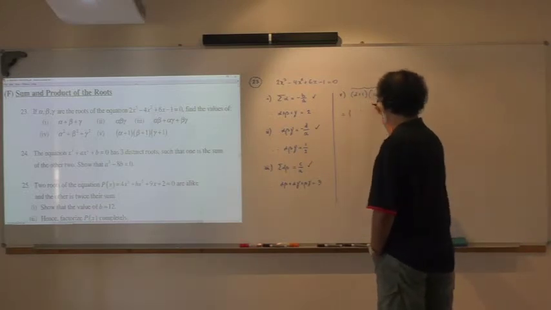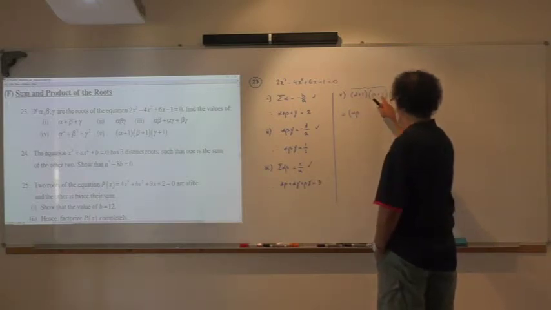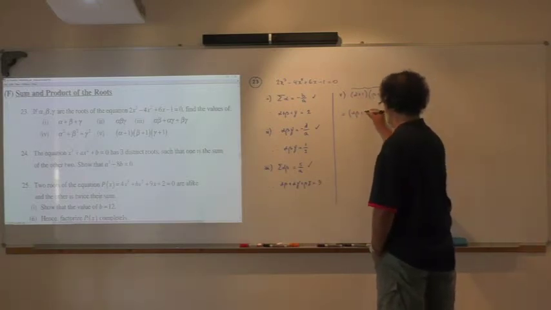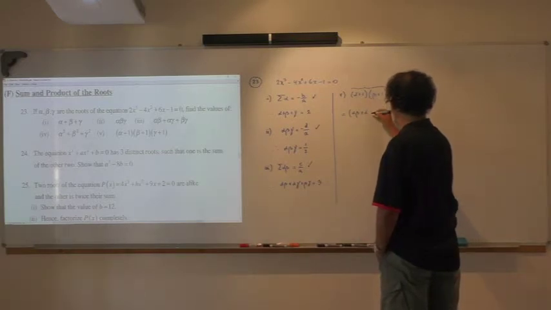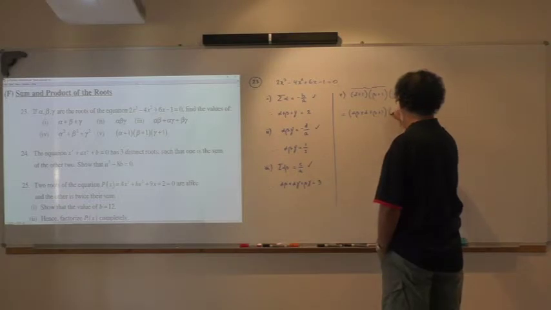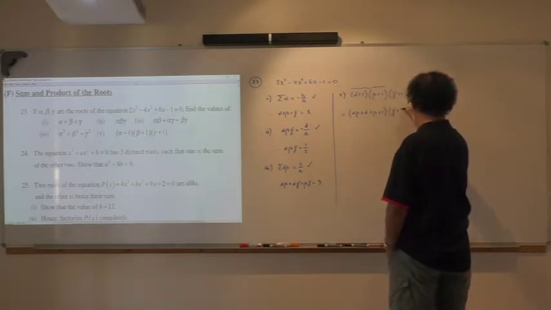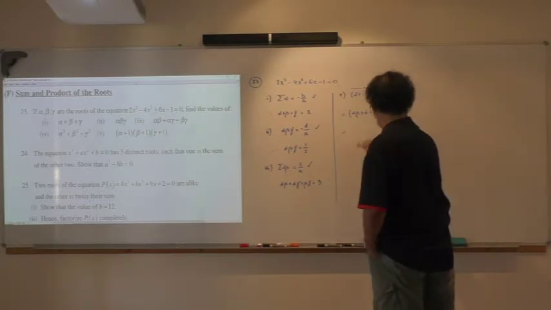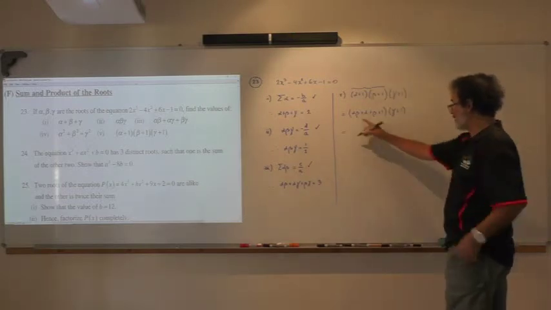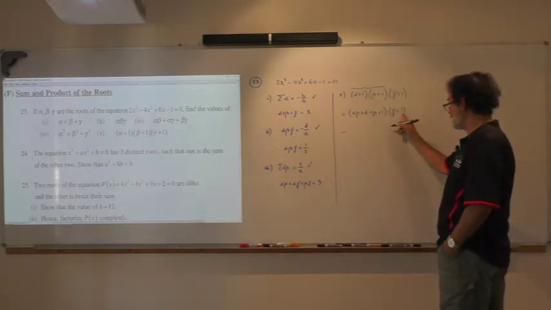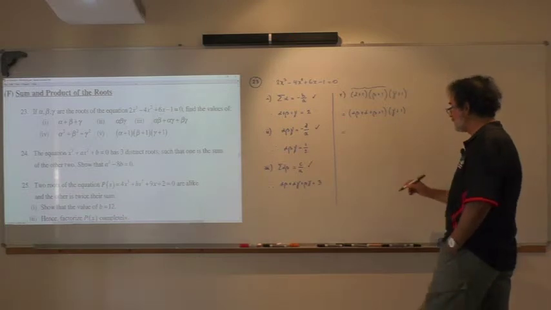So that is going to be alpha beta, and then alpha times 1 is going to be alpha, and then we're going to have beta, and then plus 1. And then we multiply that by gamma plus 1.